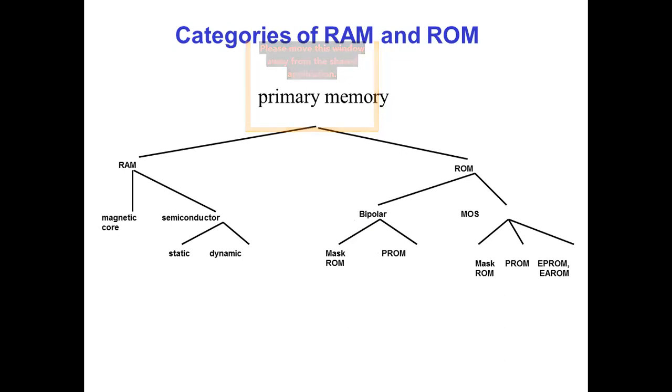Now bipolar is divided as mask ROM and then PROM, programmable read-only memory. Here again this is based on the MOS technology, and it is divided as mask ROM. Mask ROM is similar here too, but the technology is different. Bipolar technology here, and MOSFET technology here.